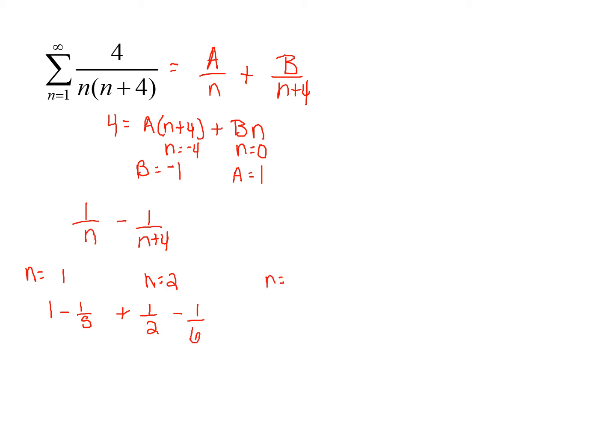When n equals 3, I get 1/3 minus 1/7. Still no collapsing. Let's try again. When n equals 4, I get 1/4 minus 1/8. Still nothing.